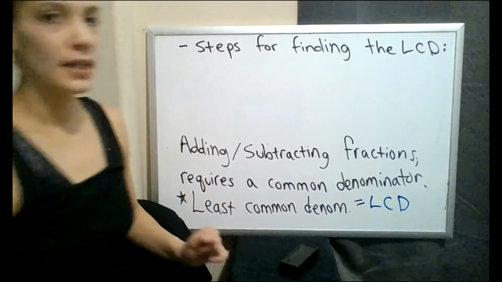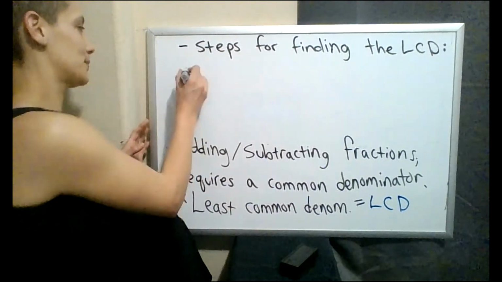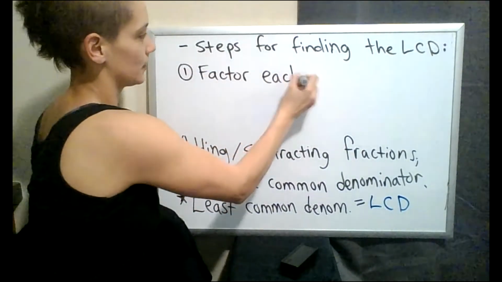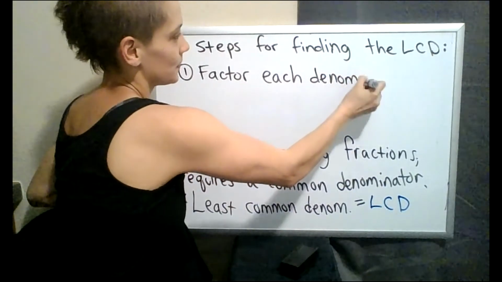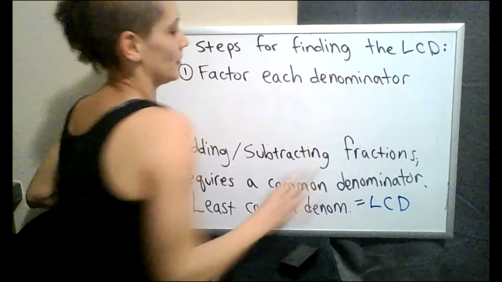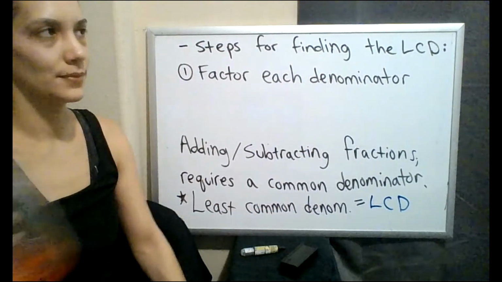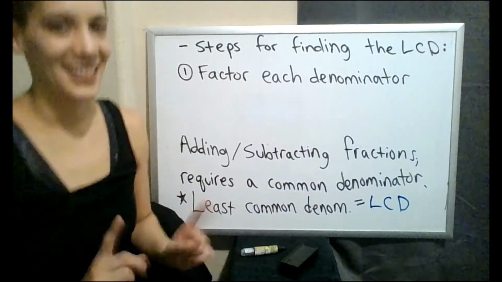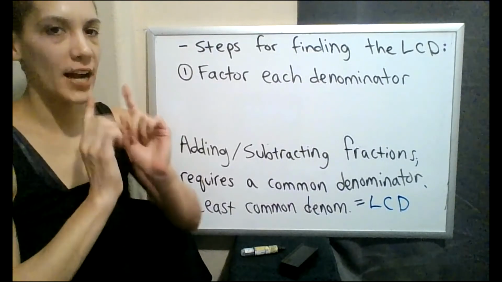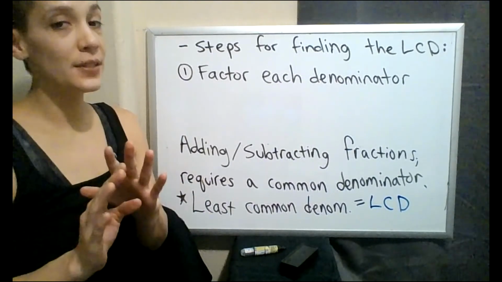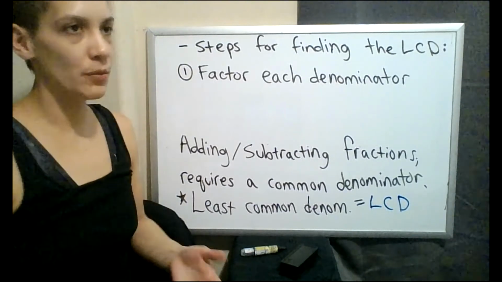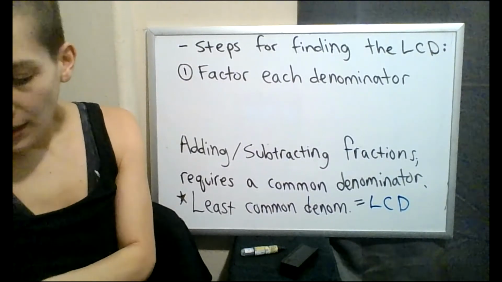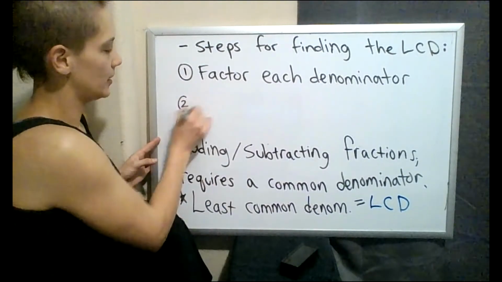The first thing you should do is factor each denominator. Okay, next. For every factor, let's find the most of each factor for the LCD.